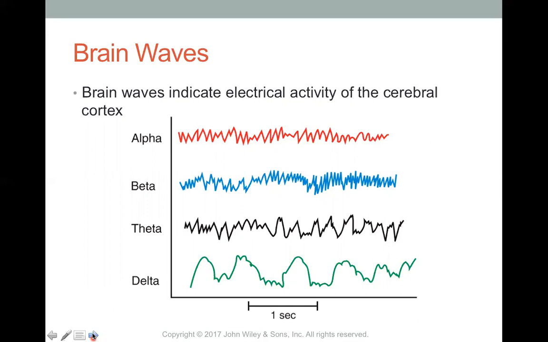So an EEG can be one of the criteria that we use to confirm brain death. And so with that, to confirm brain death, if we take two EEGs 24 hours apart and we have the complete absence of brain waves, then that is said to be brain death. Also, with brain injuries, we can look at these brain waves.